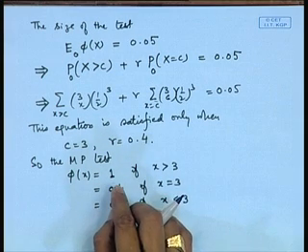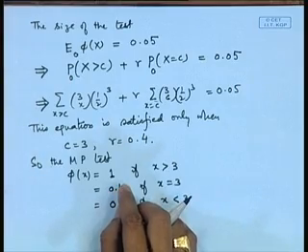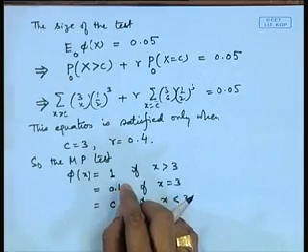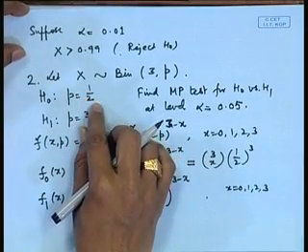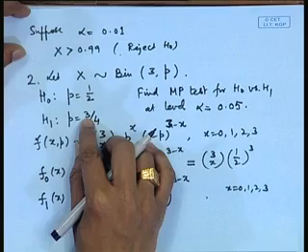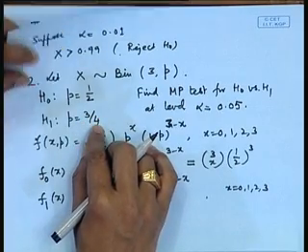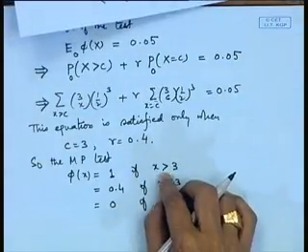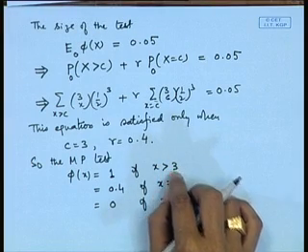So, this may look surprising, but if we see carefully our problem, the problem was to test whether the coin is fair against whether it is biased in favor of head. We are accepting biased in favor of head if x is greater than 3 only, which is not possible.